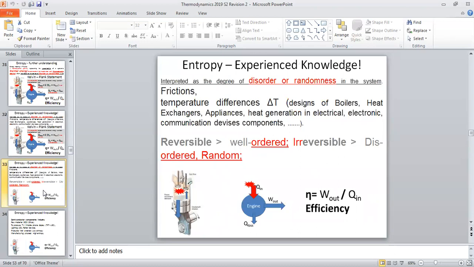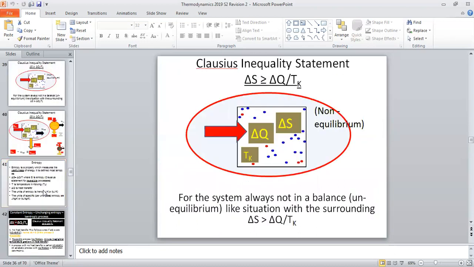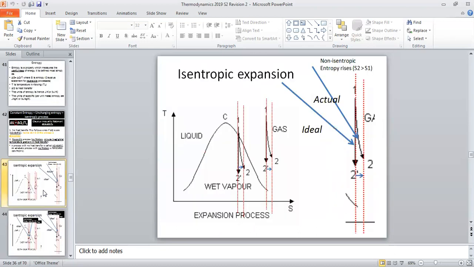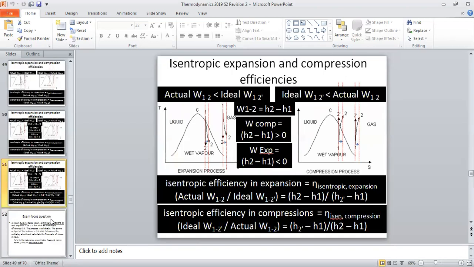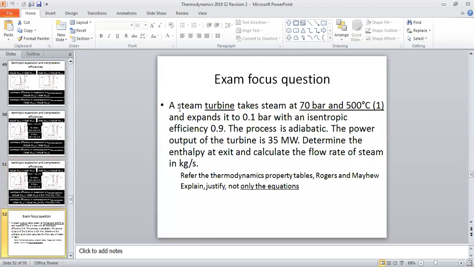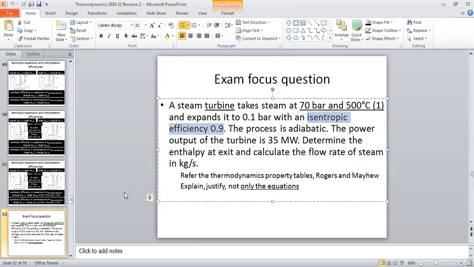I sent you the notes and they are very useful ones. Understand entropy. Read this, read other literature, read from the web. Make sure these kinds of applications are entropy related. It's not only related to power cycles, but without knowledge of entropy and isentropic efficiency, you cannot respond to this.